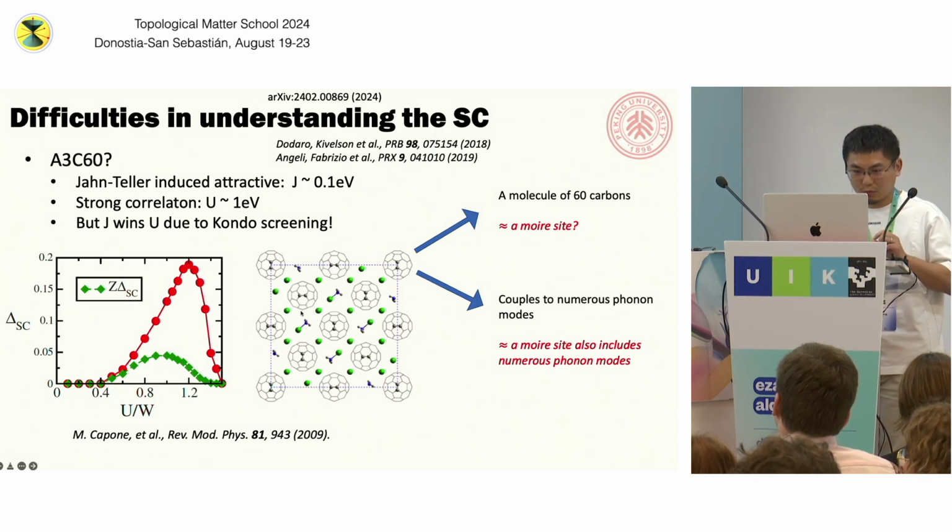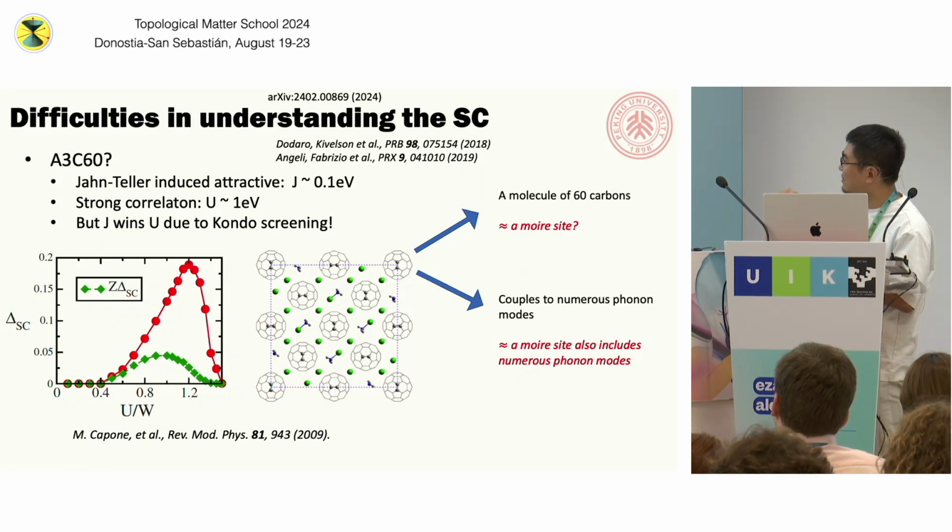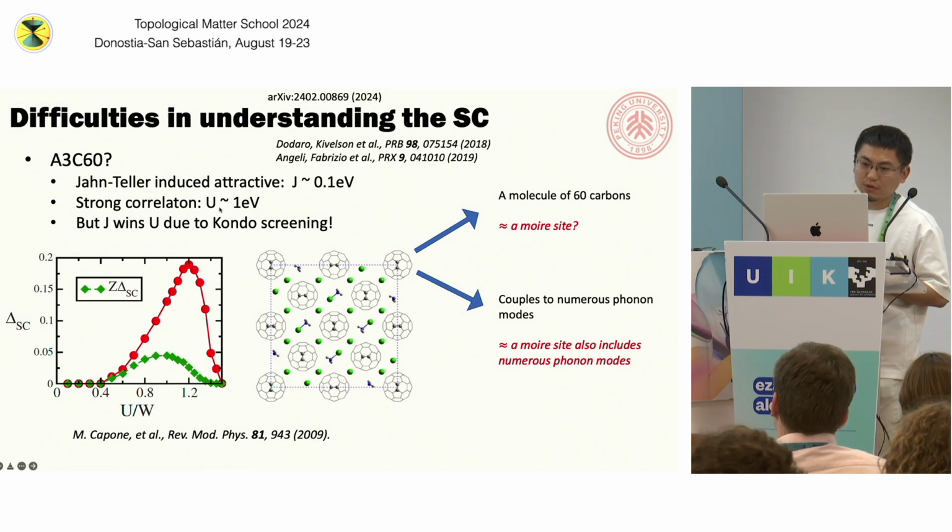That means some local quasiparticles will be formed around this cage. And it turns out that in the renormalized interaction, the effective U will be strongly suppressed, but this attractive interaction is less suppressed. So that's how this g wins over this U.